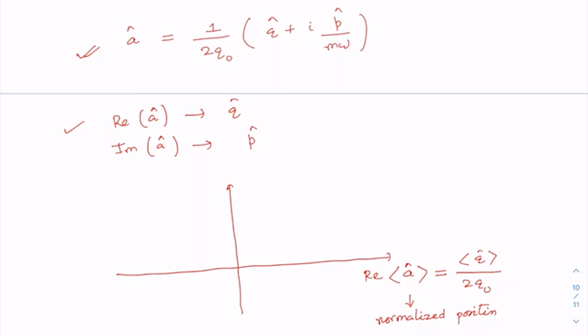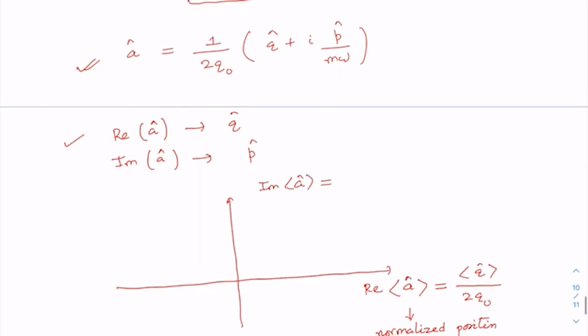On the other hand, the y-axis is the imaginary part of the annihilation operator, which you can see from here would be the expectation value of the momentum operator divided by 2mωq0. This is again normalized momentum.